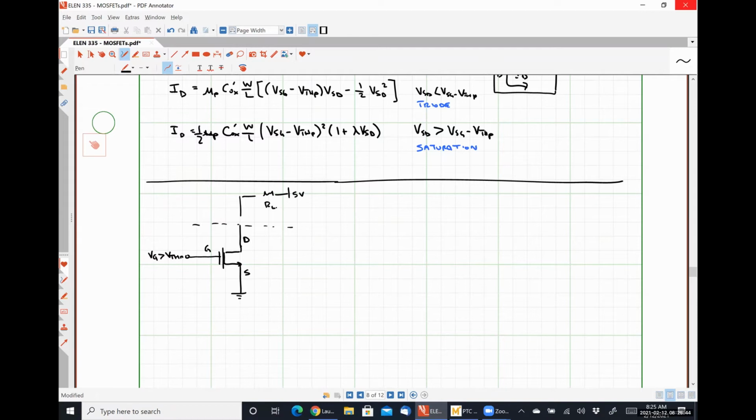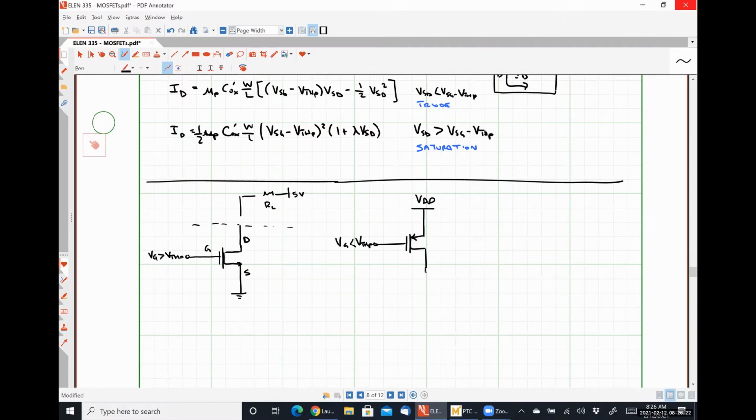For a Pmos transistor, you tie the source to VDD, and let's see, here's VG less than VTHP.